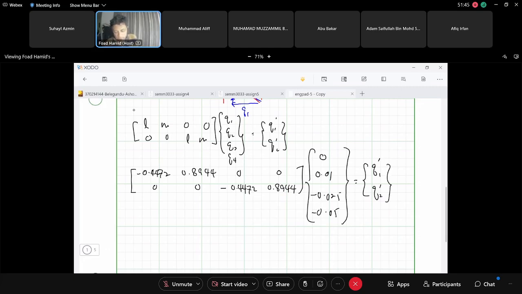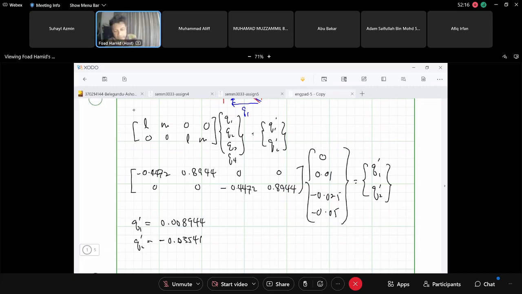Okay, so when you do this matrix multiplication correctly, you should get Q1 prime equal to 0.00894 and Q2 prime equal to minus 0.03541. Okay, so that is the solution. That is the solution for question number 1.